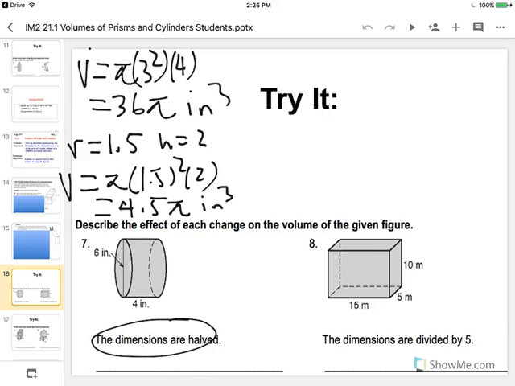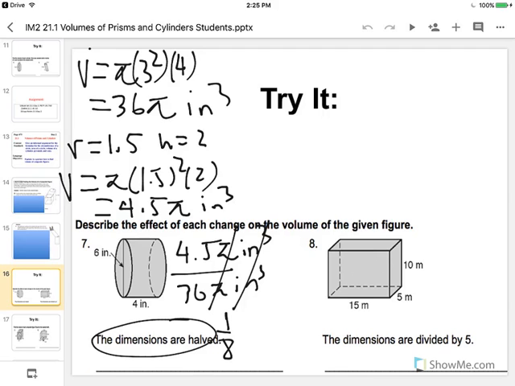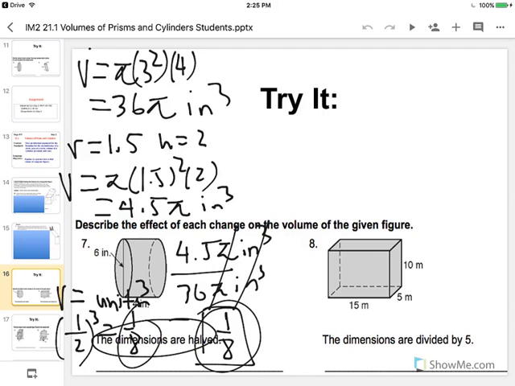To find out what happens, we can do 4.5 pi inches cubed over 36 pi inches cubed. The pi and the units cancel out, so we have 4.5 divided by 36, which is 1/8. Remember that volume is in cubic units, so when you halve each dimension, half cubed is 1/8, which is the same as that.